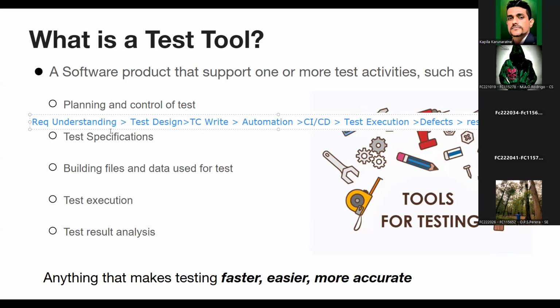Because of that, there are a lot of reusable planning activities, and a lot of hands-on activities: writing test cases, designing tests, automation scripting and execution, defect reporting, and result report generation.